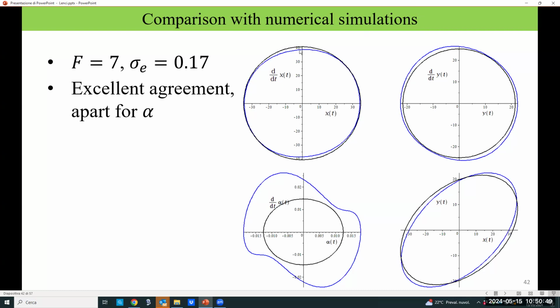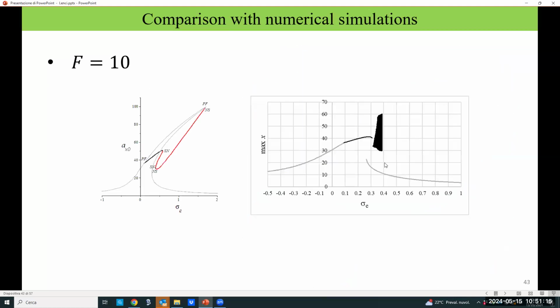So forget about the fact that it's 40. 40 is dimensionless. Here it's 0.02, so this is basically very small. And of course, one of the next steps is to improve our solution to try to reduce this gap between analytical and numerical solution. Basically, we see that in rotation, we have the effect of some other harmonics that have to be taken into account that have not been done up to here.